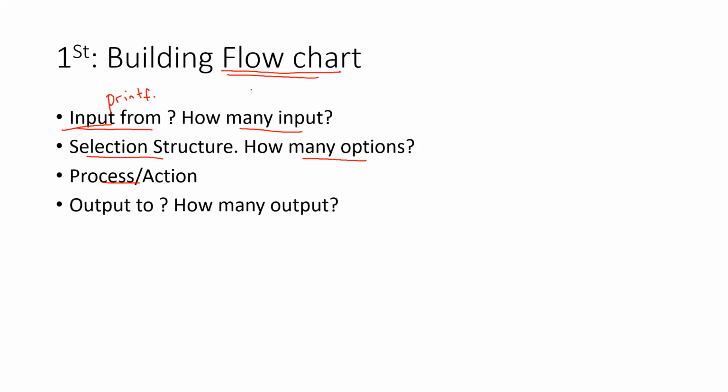So your symbol for input is this one. And then how many inputs? This is just 2 inputs. How many options? You have either Kelvin, Celsius, or Fahrenheit, and so on.